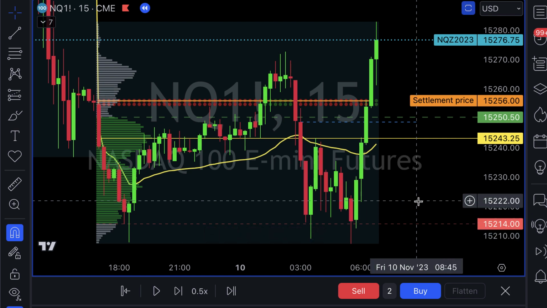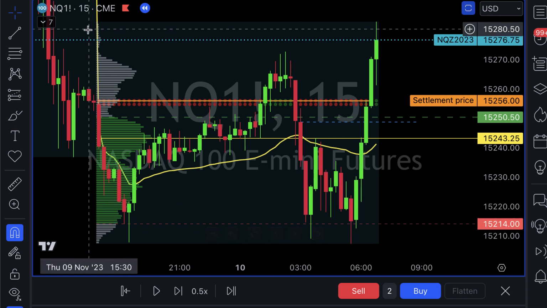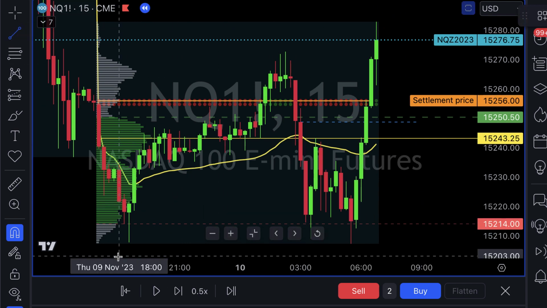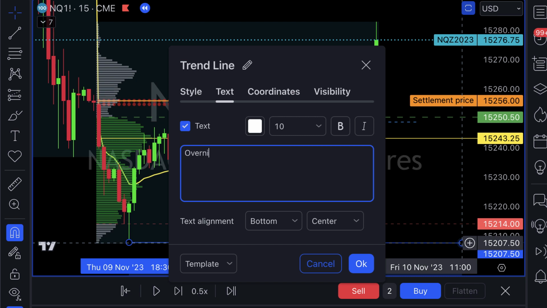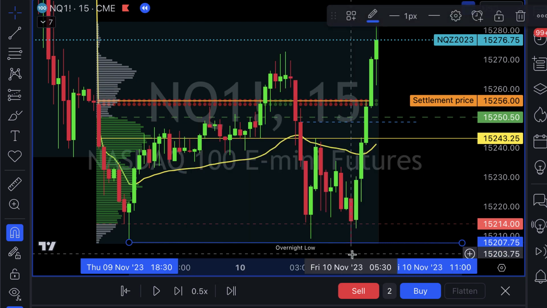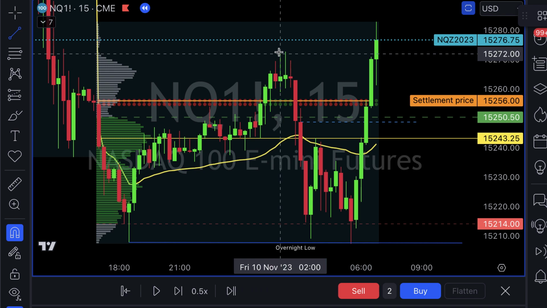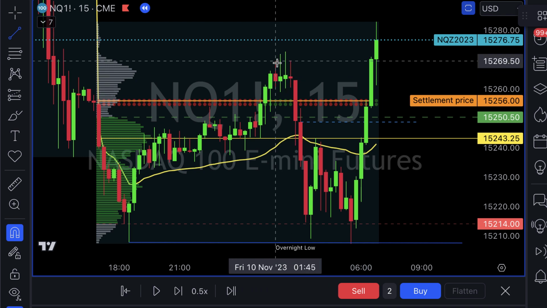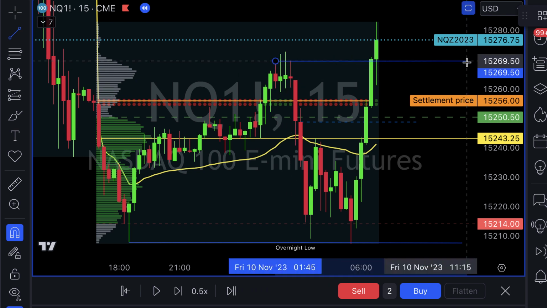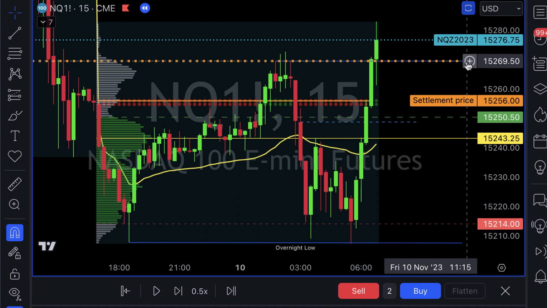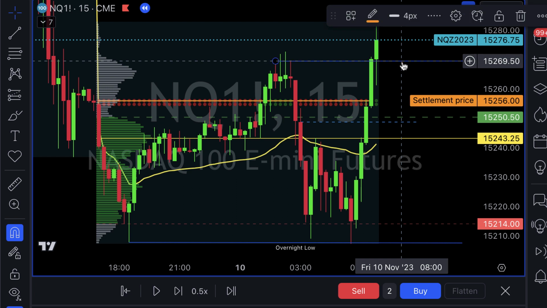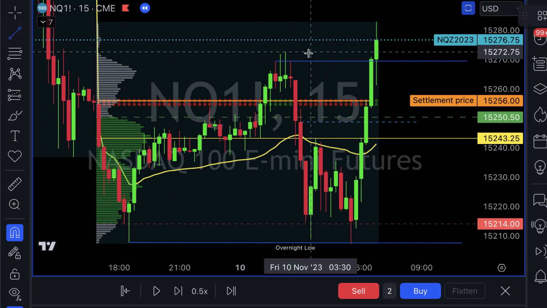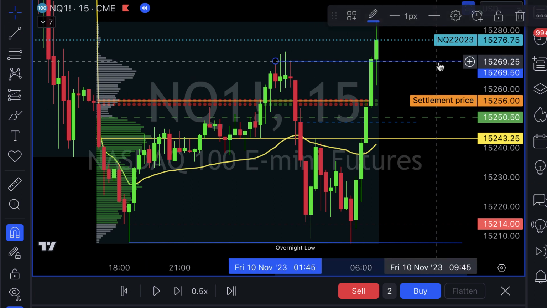If I were to look at this day, I would draw a line right here, and this is the overnight low. Then I take another line, and I would put it on these red candles and mark this overnight high. Okay, this guy here.